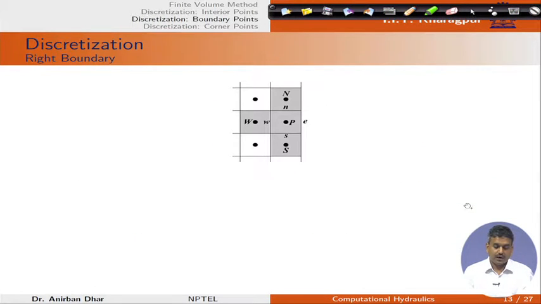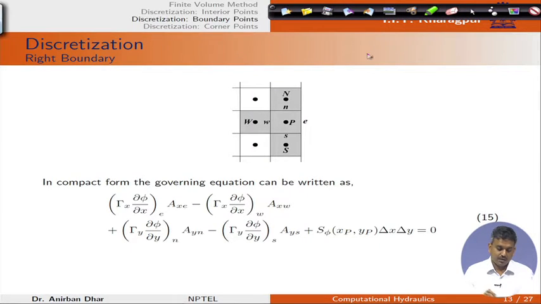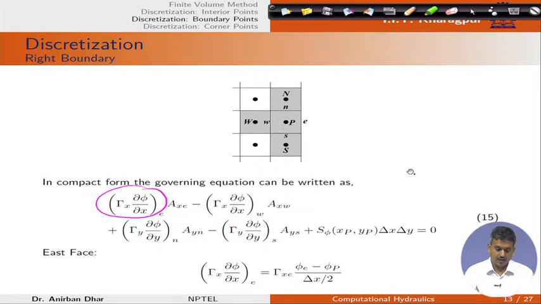Now, for right boundary, east face we have known value. So, the derivative that we need to change is this east phase derivative. So, east phase derivative, this phi e minus phi p, this is del x by 2.